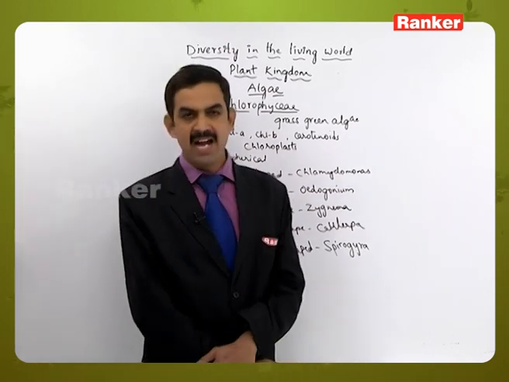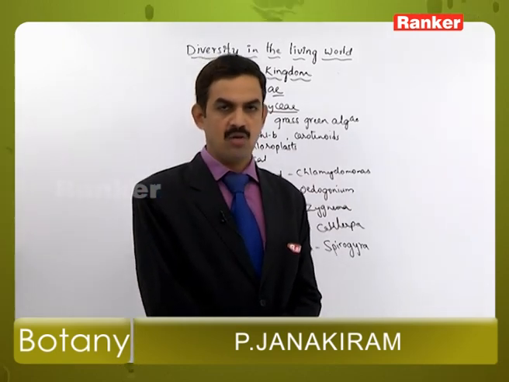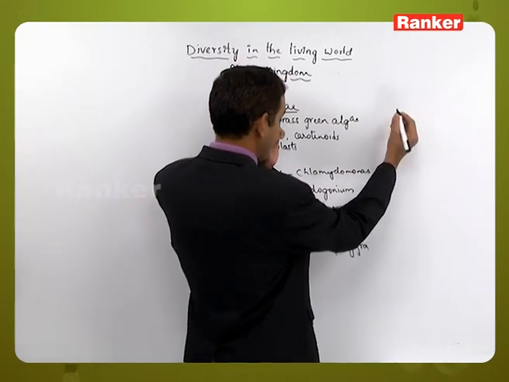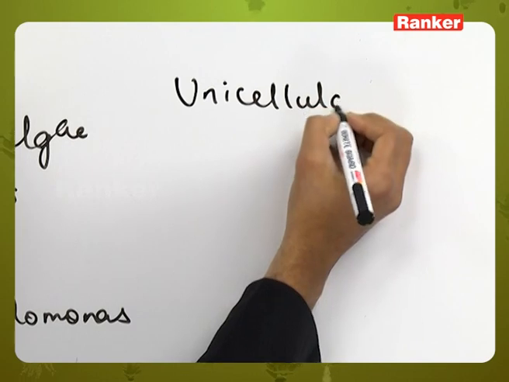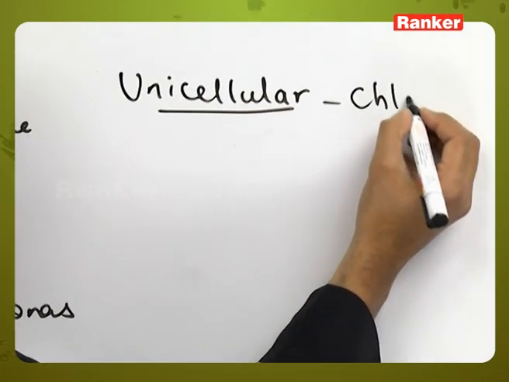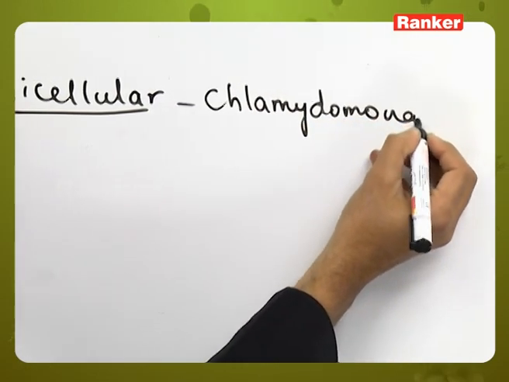Those are chlorophyll A and chlorophyll B, which are concerned with the photoautotrophic type of nutrition. Then if you come to the cell organization, these members may include unicellular forms like Chlamydomonas.